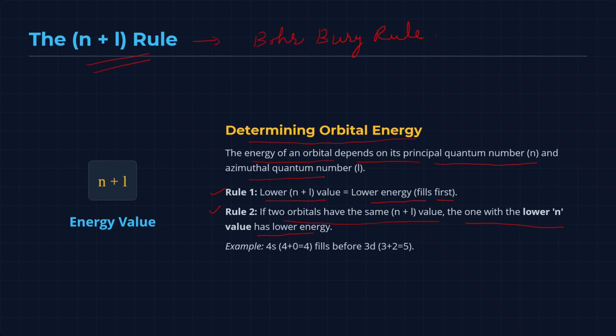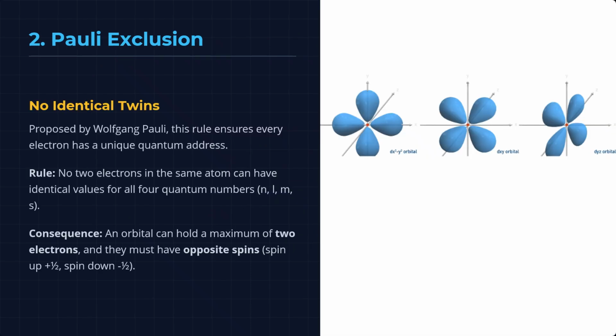After that, our second principle comes, that is the Pauli exclusion principle, which we have to follow for writing the electronic configuration. It was proposed by the scientist Pauli, and this rule ensures that every electron has a unique quantum address, and no two electrons in the same atom can have identical values for all the four quantum numbers, that is n, l, m and s.